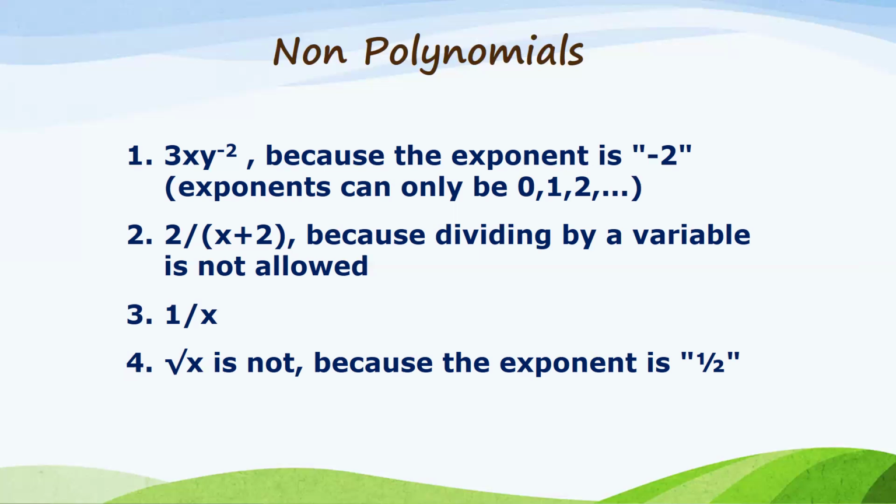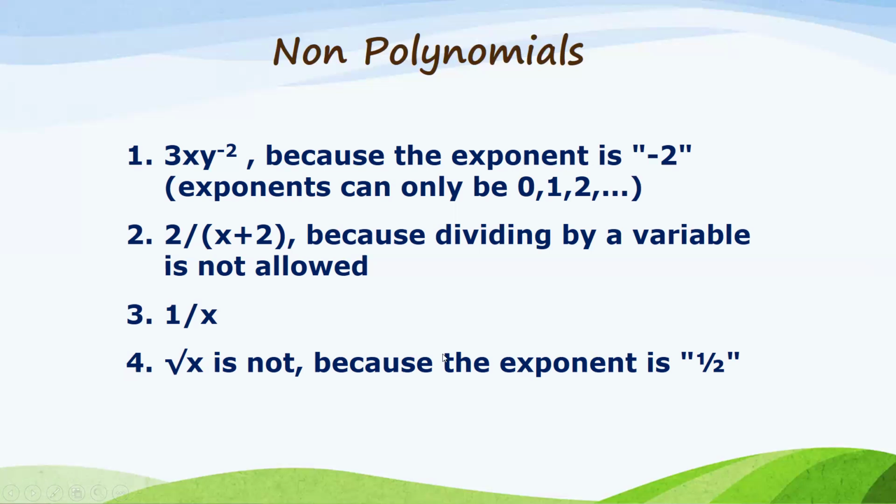Now, what about root x? Root x is, again, not a polynomial because the exponent is not a whole number. Here we can see that a root is over there. What is the meaning of root? Root means power half. So again, half power is not allowed.